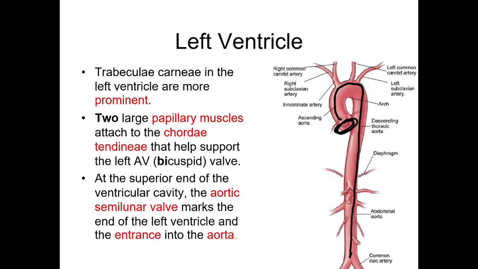And again, next week we will name many of these blood vessels that are coming off from the aorta and going to different organs and regions of the body. Again, the bicuspid valve will have only 2 papillary muscles and those chordae tendineae. And again, everything in the aorta is going to be red oxygenated blood.